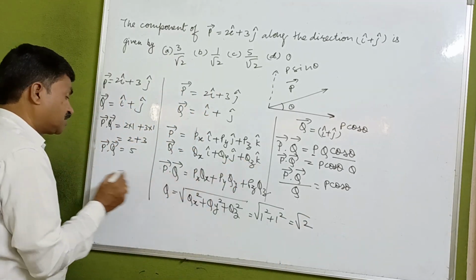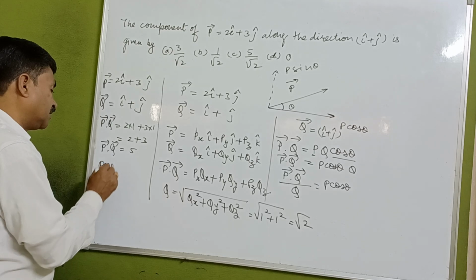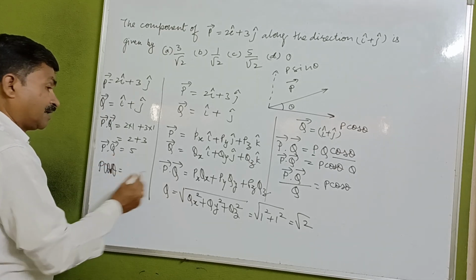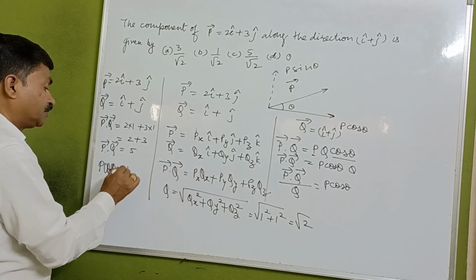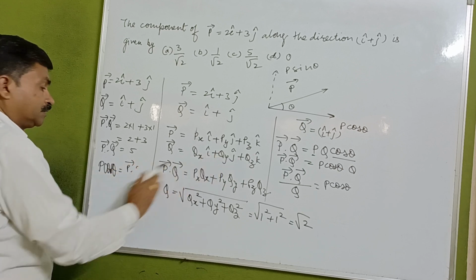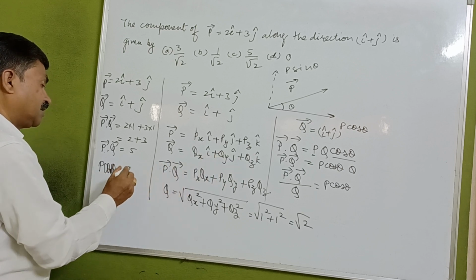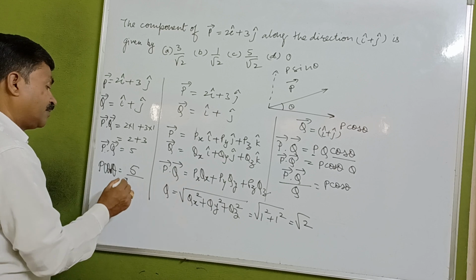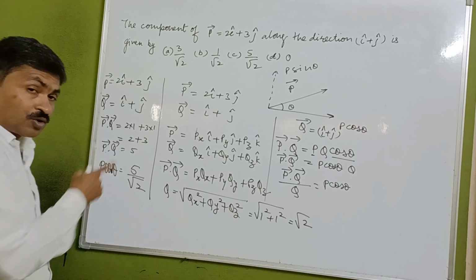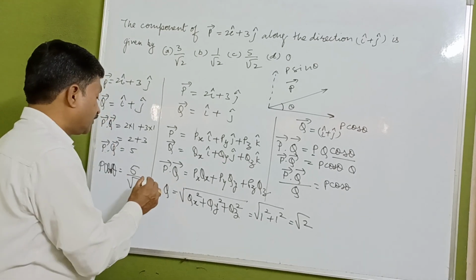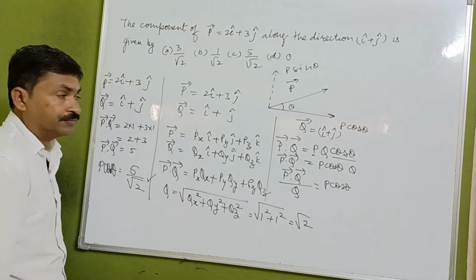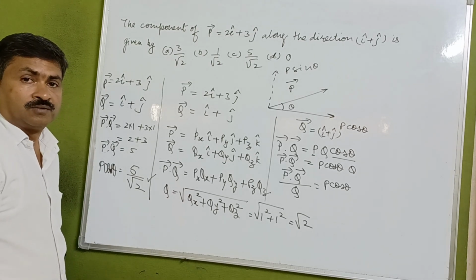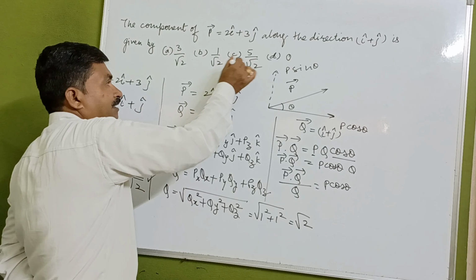Substituting, P cos theta is given by P dot Q divided by the magnitude, which is 5 divided by root 2. Going through the options, we have an answer here.